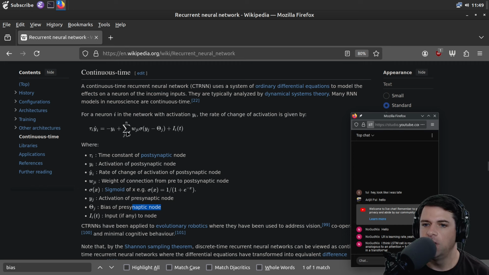What are we summing over, 1 to n? I'm guessing n is the number of inputs. So for neuron i in the network with activation y_i, but I don't know what j is. At any rate, then we have some weights, and then we're going to add the negative of y_i, which is our activation.